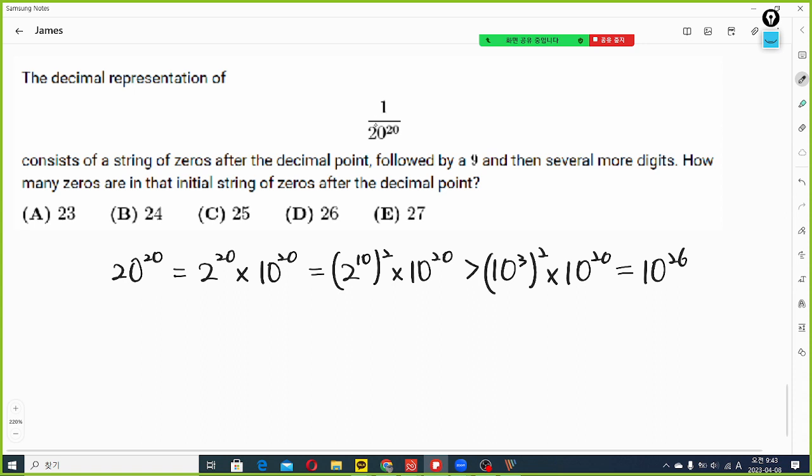Taking the reciprocal makes the direction of the inequality opposite. So that means 1 over 20 to the 20th power is less than 1 over 10 to the 26th power.